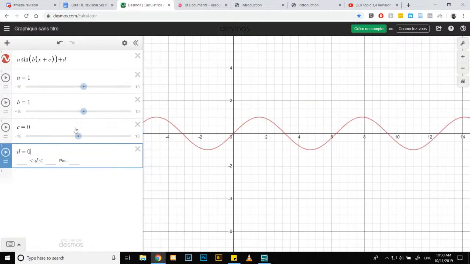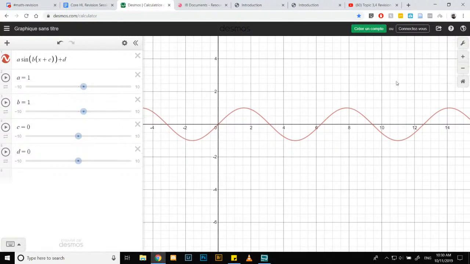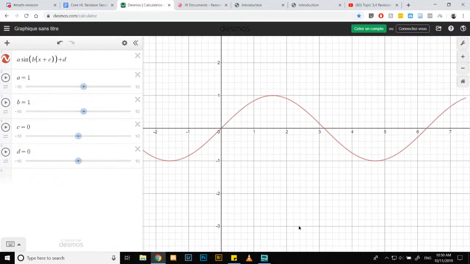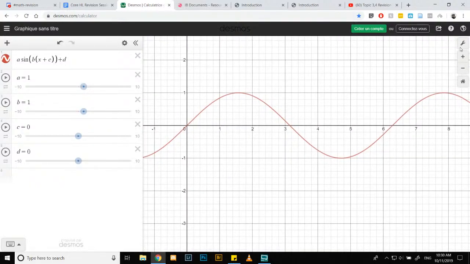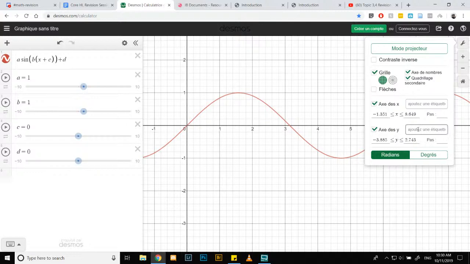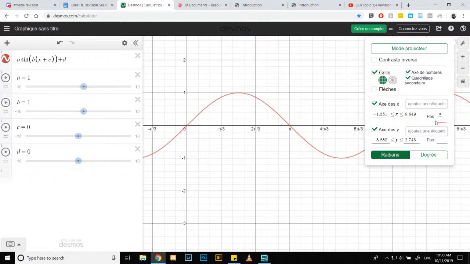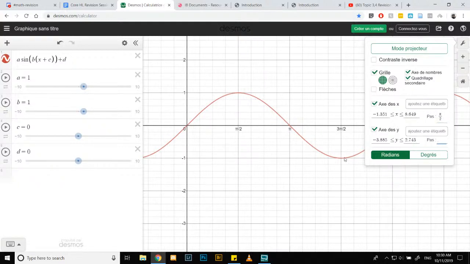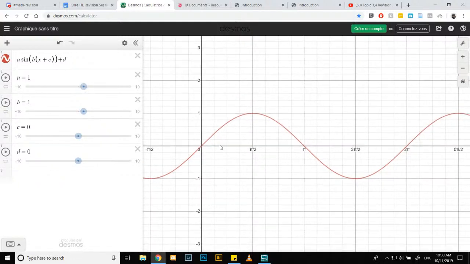And this is zero. So this is a regular old sine function, and basically what I've done is I've added parameters. I just changed the axis to multiples of pi over 2 so I can see the periods correctly.